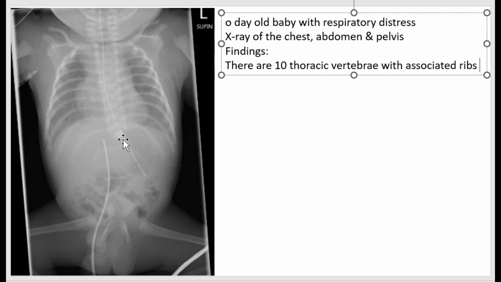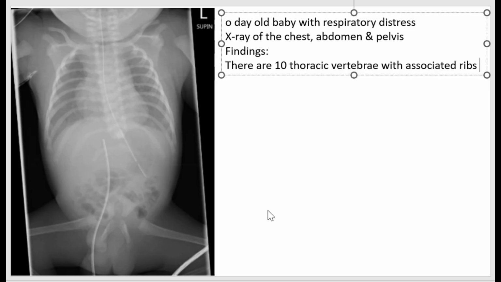Okay, after that, can you see this? I think this is another vertebra, but it is of abnormal shape and abnormal density and with no associated rib.